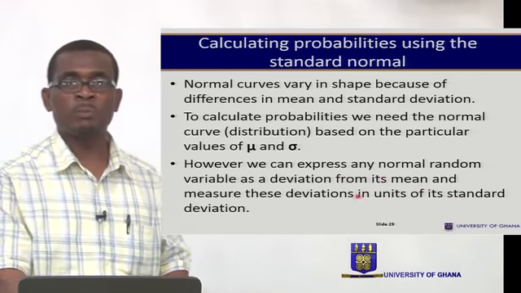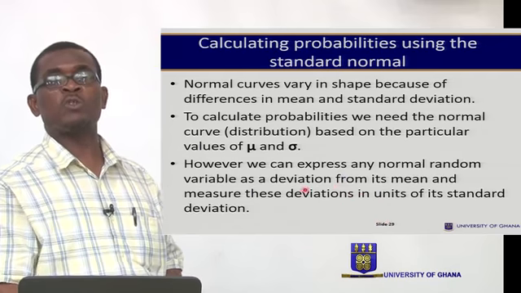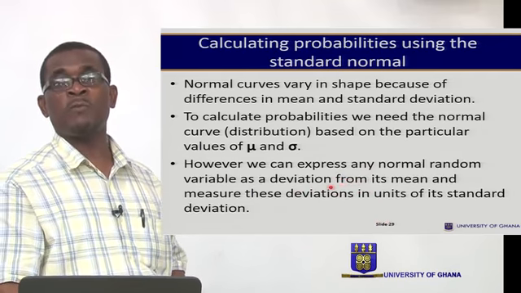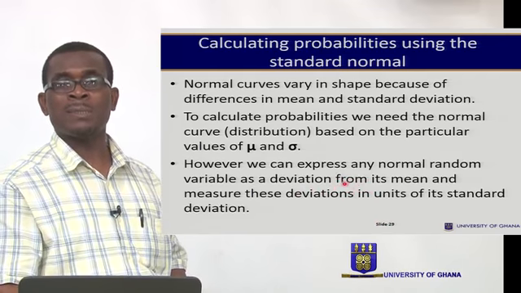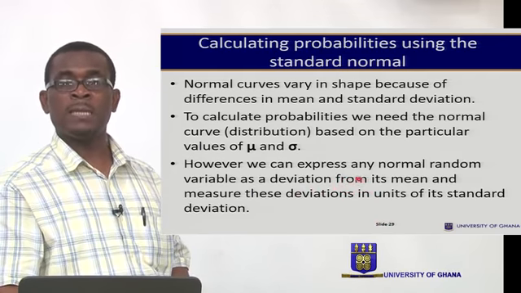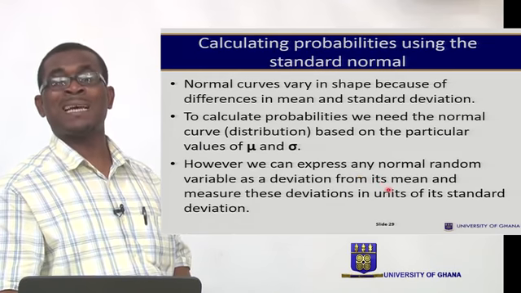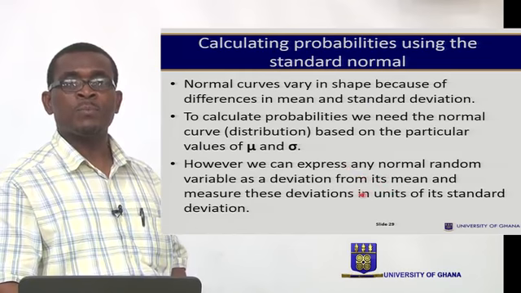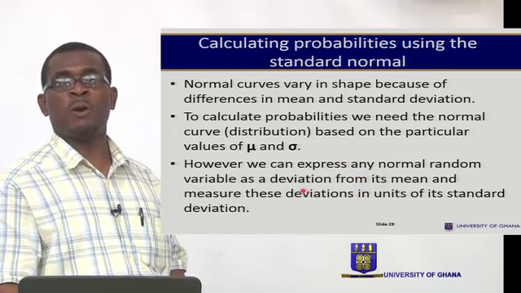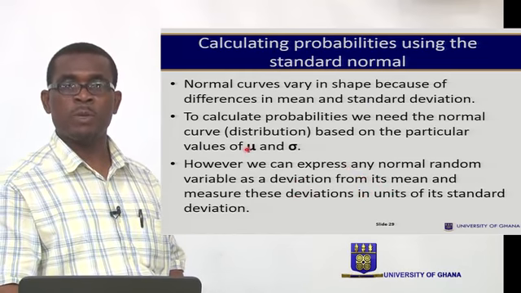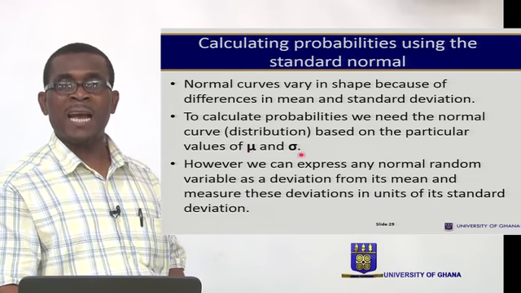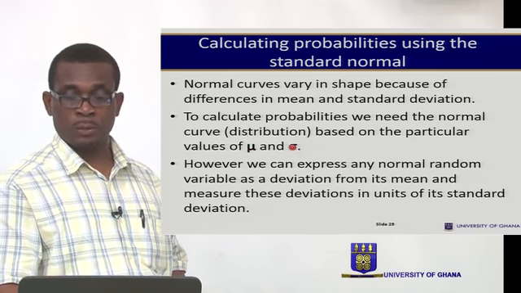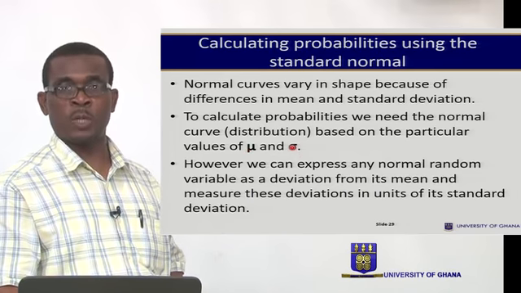But it is also possible to construct another variable from the random variable x called the z variable. And this z variable is often called the standard normal variable. So what we do is subtract from each value of the random variable the mean, mu, and then divide the result by sigma. So it's an operation you are carrying out, which I'll show you in a moment.